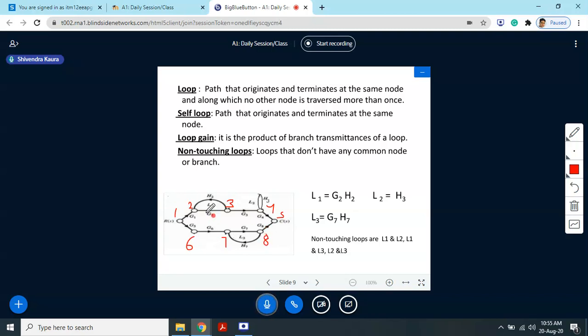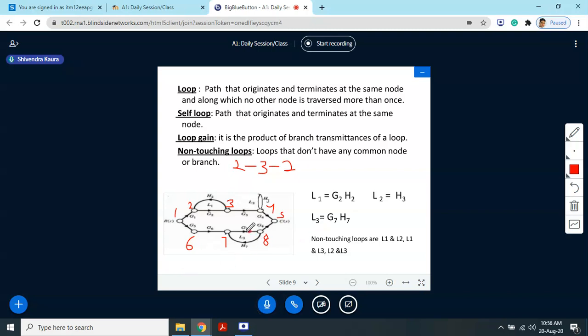Now consider, if you start from 2, go to 3, and you can come back along S2 in reverse to node 2, then it gives you a single loop. It's from 2 to 3 and 3 back to 2. This is forming one loop.